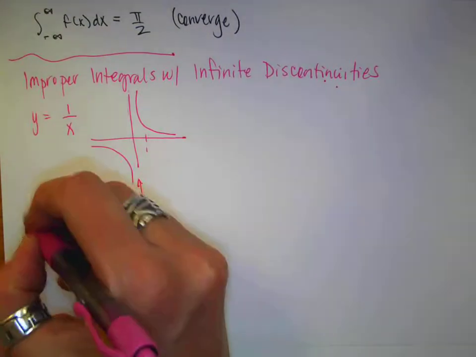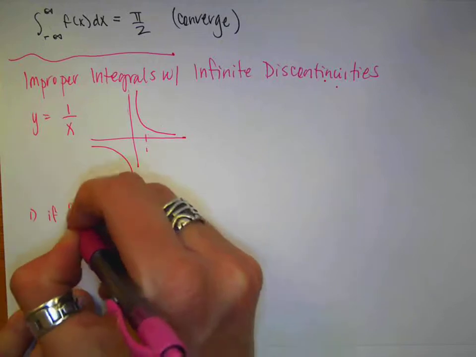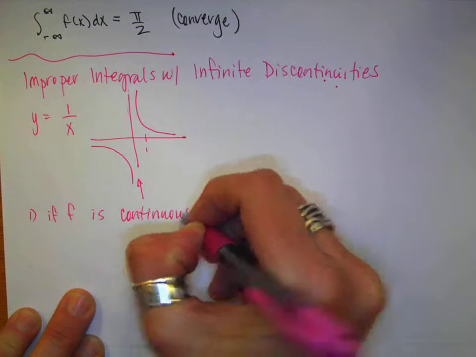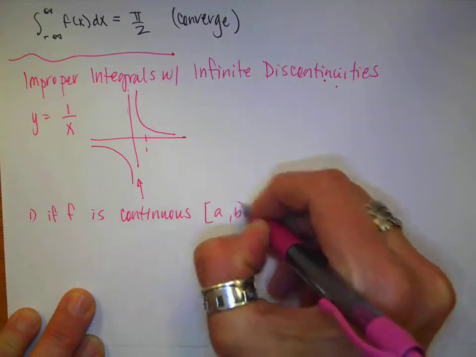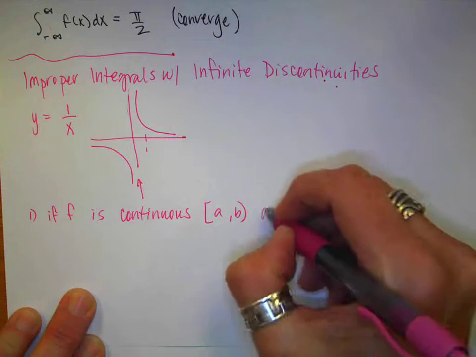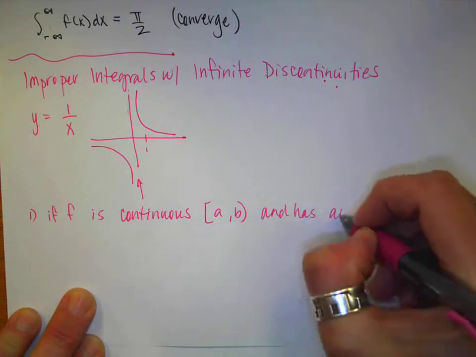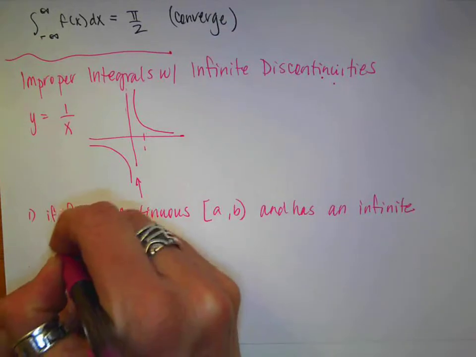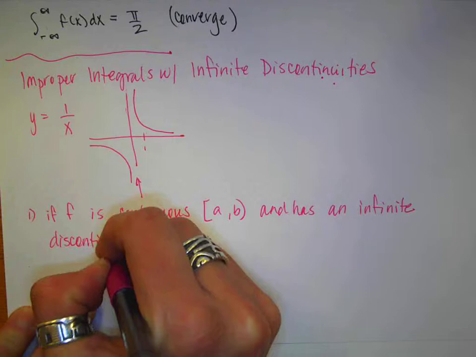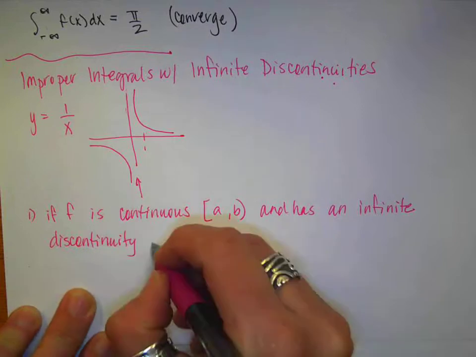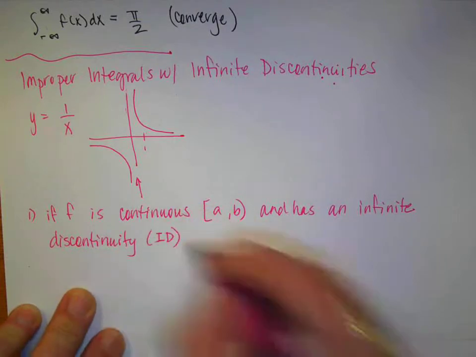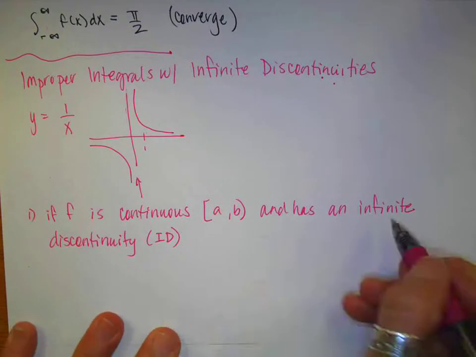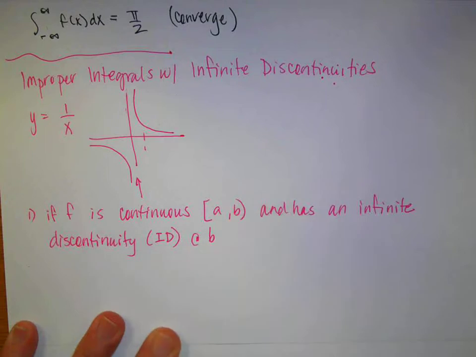So I have a couple more rules that I need to get. The first one says if f is continuous, and this time we're going to have an interval from a to b, where b is not included, and has an infinite discontinuity, which I'm going to write as ID just to save a little bit of time.